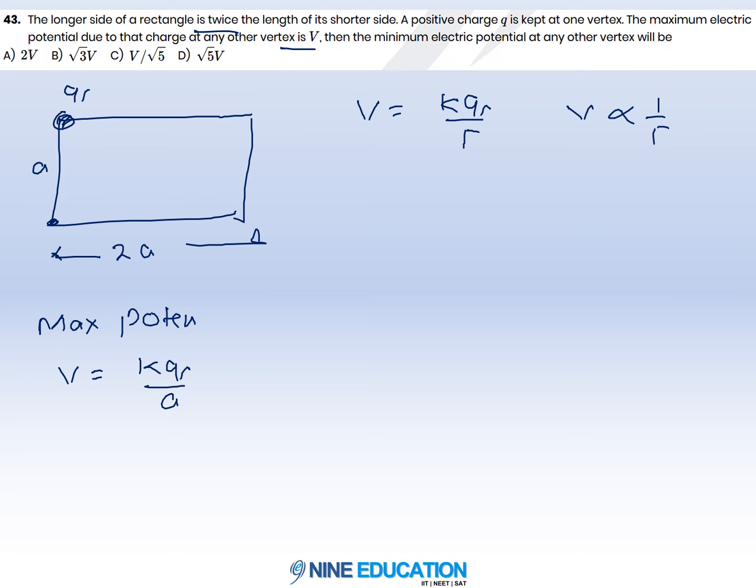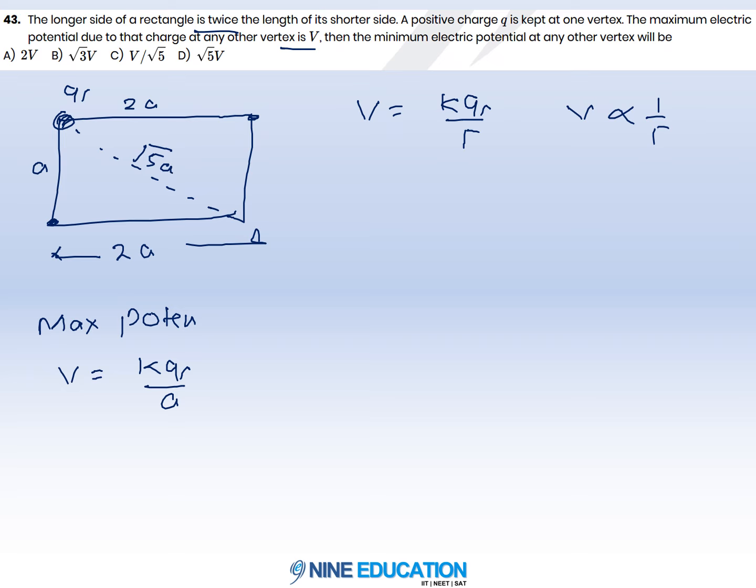Now talking about minimum potential, if you check, this separation is 2A, this separation is A. What about the diagonally opposite vertex? This is at under root 5A.